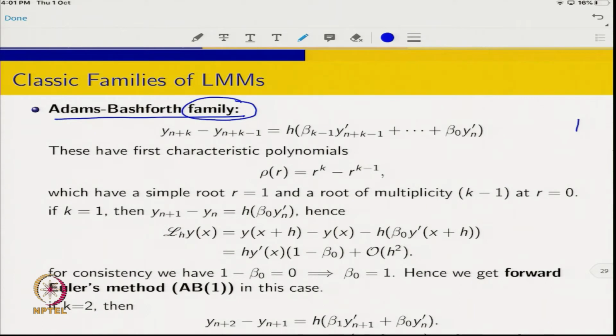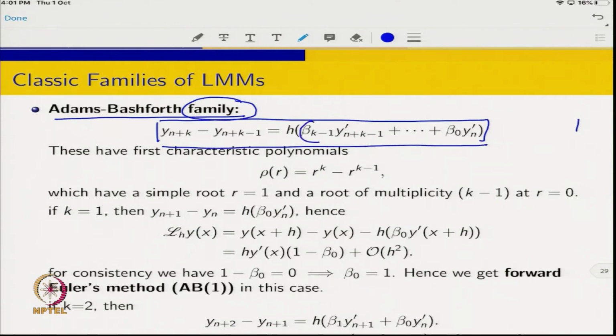It is up to you how you want to call it. The form of the Adams-Bashforth family will be in the following way. Of course, here beta_k is 0, that is why we start with beta_{k-1}, because this comes under the category of explicit methods.